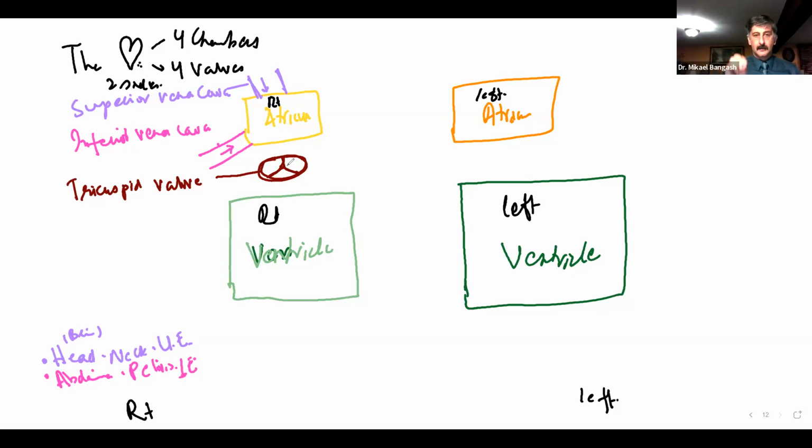that will open and close, open and close, open and close. So they just call this valve here the tricuspid valve because it has three flaps.